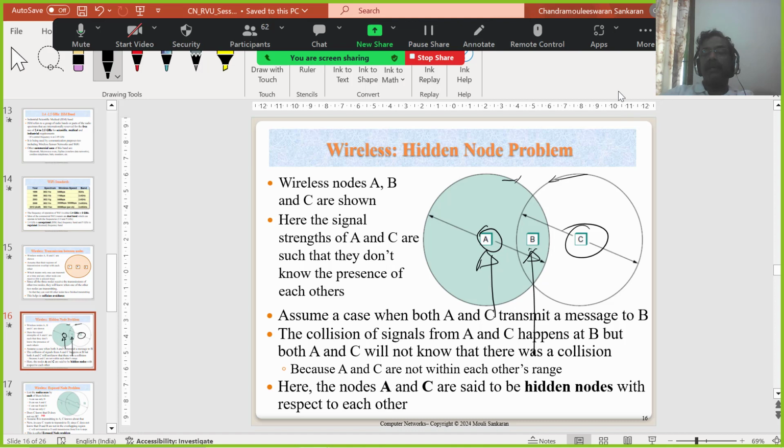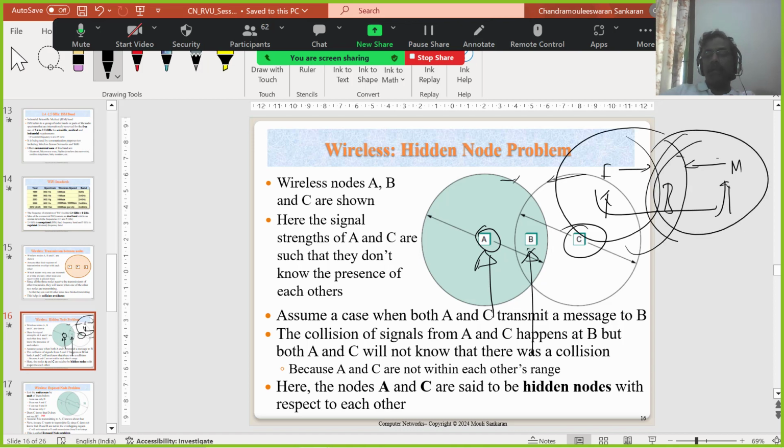Suppose you are standing in the middle of a bridge. One person, your father, is here and your mother is here. Mother is calling you, and father is also calling you. Now father doesn't know that mother is calling, he is not hearing it. But you are in an overlap region. So when father talks, you don't hear it because mother is also calling your name. You will not get both the things.